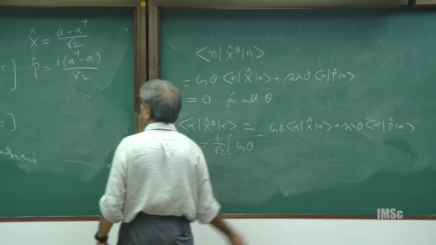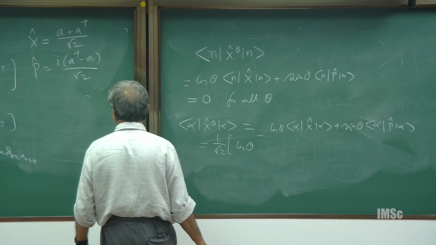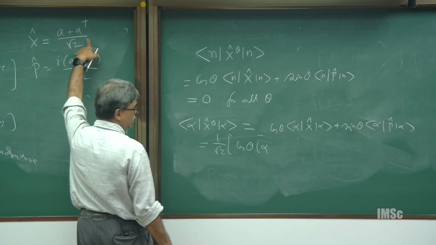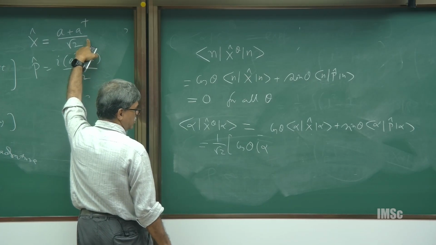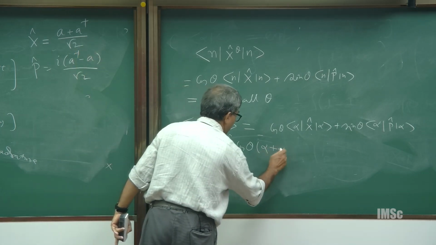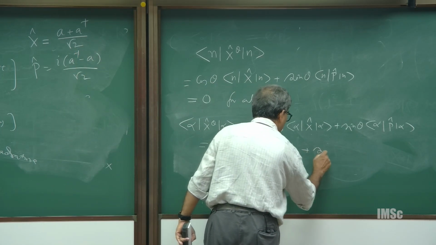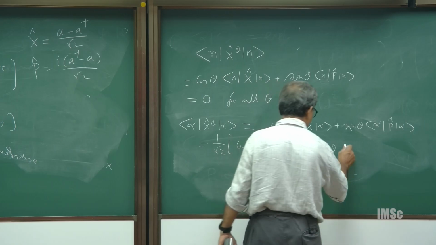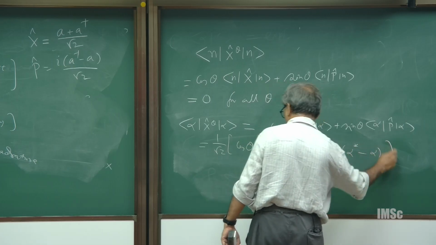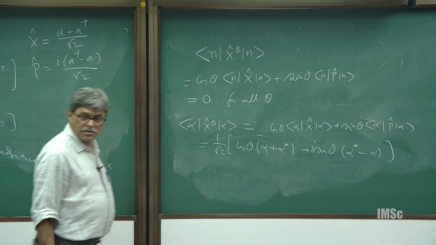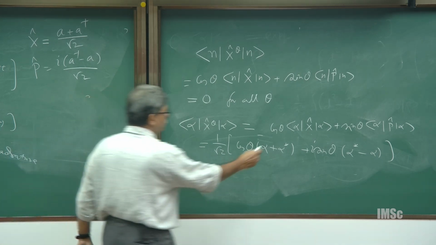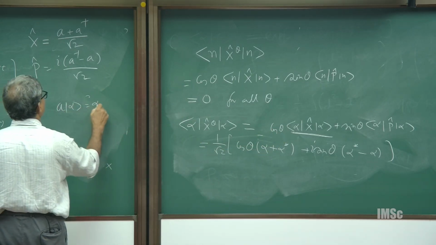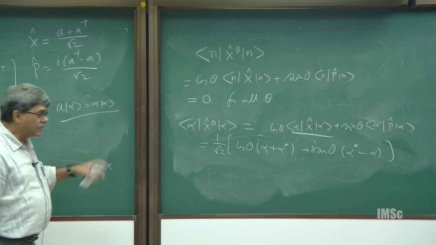What will be this one? This is alpha for this, and for this one this is alpha star, I guess, right, plus sine theta, this is i, and then it is alpha star minus alpha, okay, right. I mean, you just calculate this one with A acting on alpha is equal to alpha times alpha. So, this you will have to use.